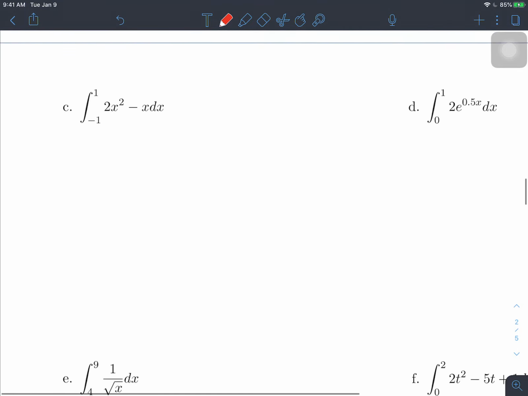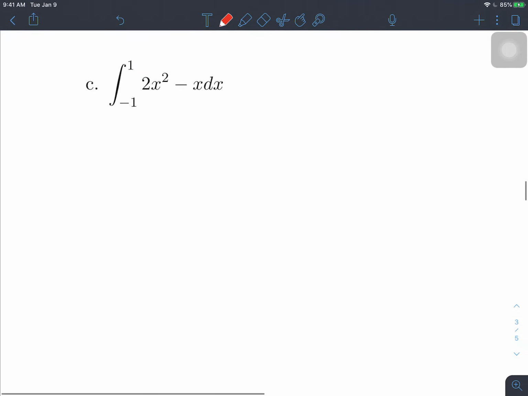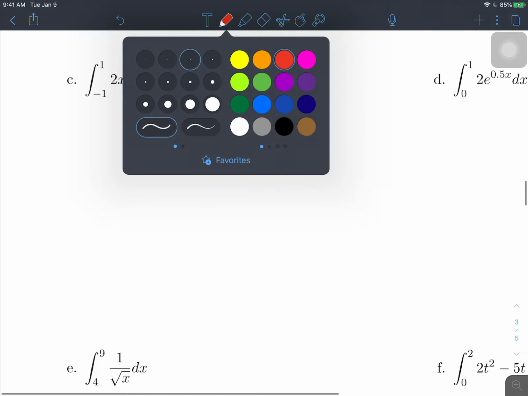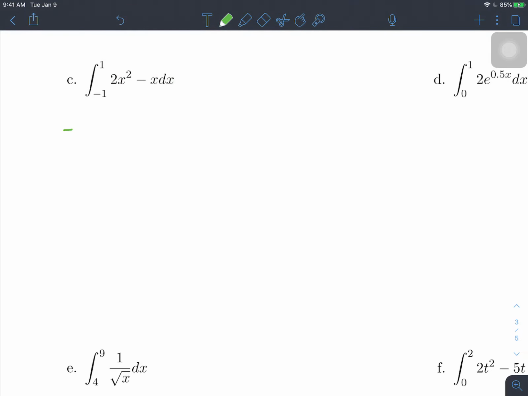This one should be easier, no ln's involved. The integral of 2x squared minus x dx. What do I do first? Yeah, find the antiderivative. What's the antiderivative of 2x squared minus x?